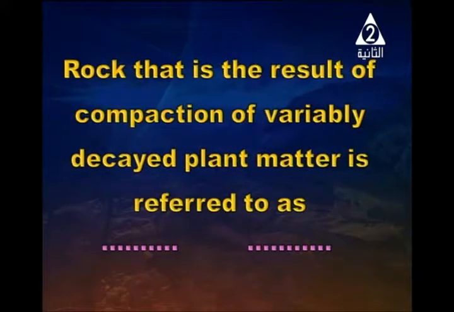A rock that is the result of compaction of variable decayed plant matter is referred to as, which name fits this kind of rock, which results from the compaction of variable decayed plant matter. It is coal.